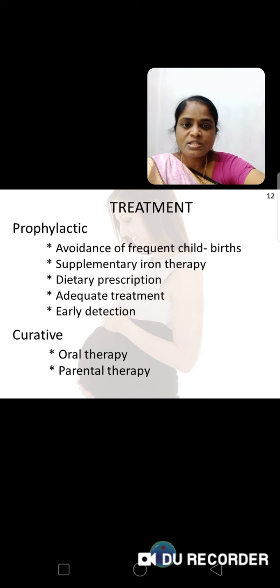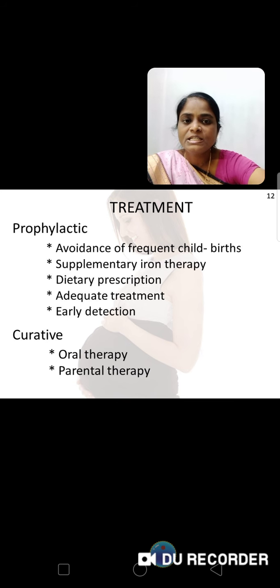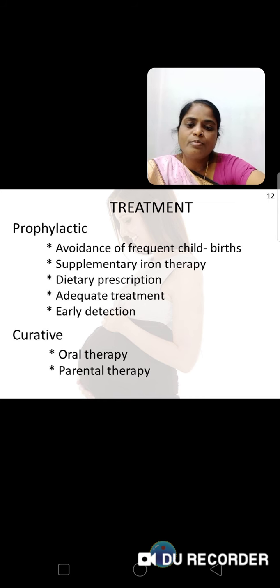Through inspection itself we can find out as early as possible, and through further blood investigations we can treat the mother, so that it will be helpful for the second and third trimester. We may avoid some serious complications during the pregnancy. So these are the prophylactic methods.